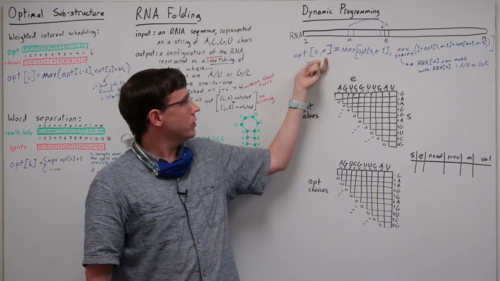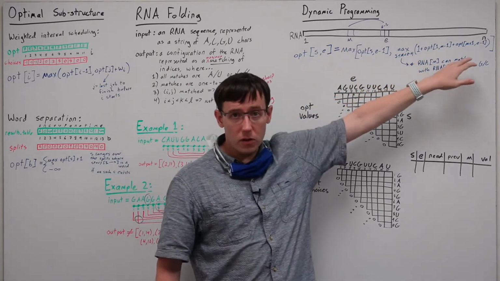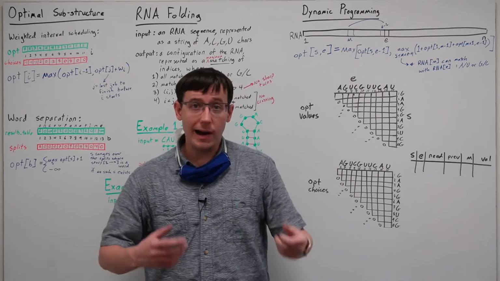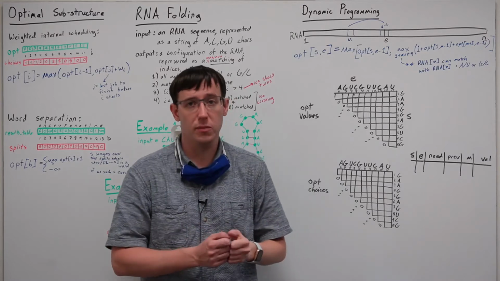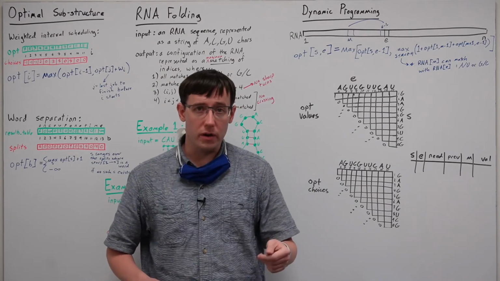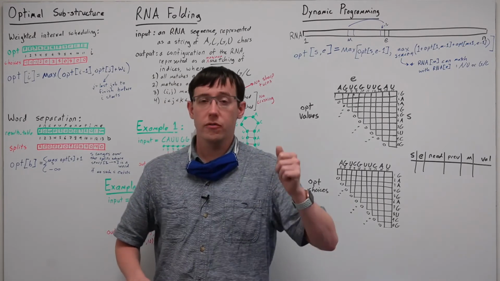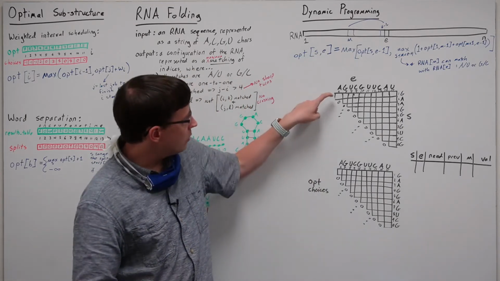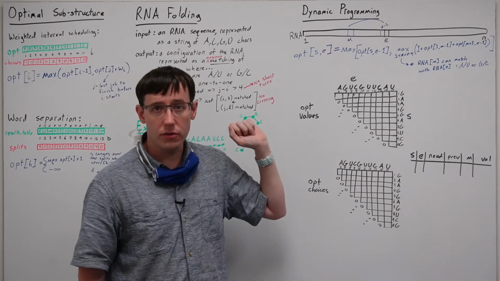Because the optimal solution for a subproblem depends on smaller subproblems, it makes sense to order our filling in of the tables from smallest subproblem to largest. The smallest subproblems are the ones where we have a distance of just 5 from the start index to the end index, and those appear along the diagonal of the tables.